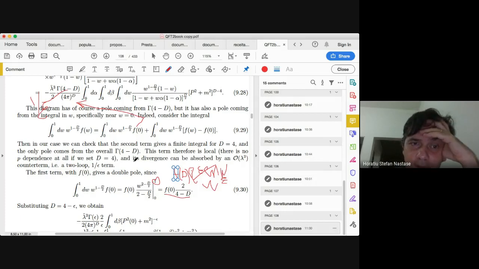So this is 1 over epsilon squared, and that means that this divergence is absorbed in a two-loop counter term.